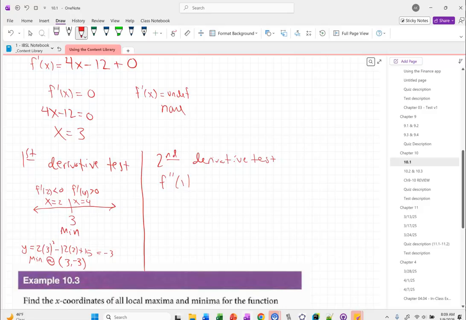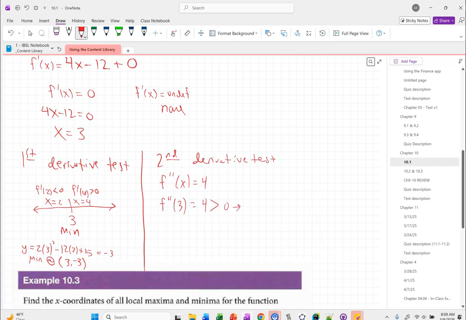Yep. You got it. Then I'm going to take my critical values, I only have one of them, and plug it into the second derivative. There's no x in there, so the output is just 4, right?